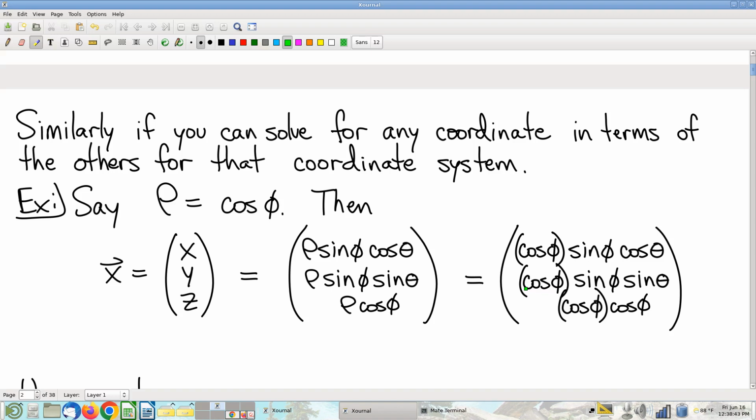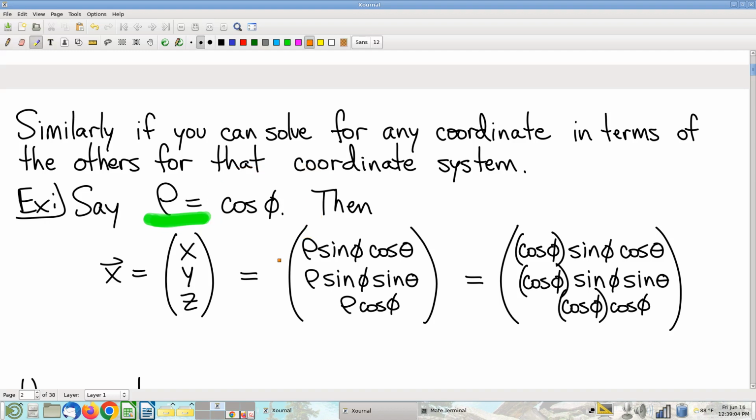And the same basic trick works. So here you'll notice I have what we might call a spherical graph. Rho is a function of phi and theta. Now, it's a temptation to look at this and say that is not a function of theta. But yeah, sure it is. It's just a really boring function of theta. It is still a function of phi and theta.